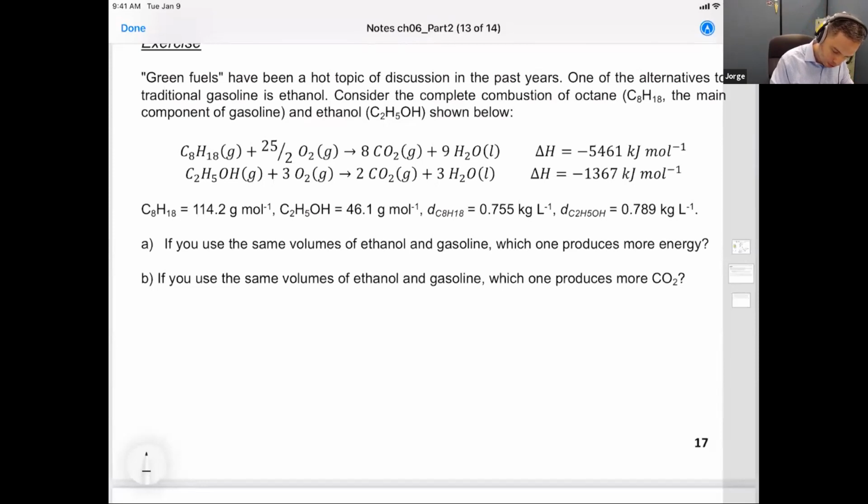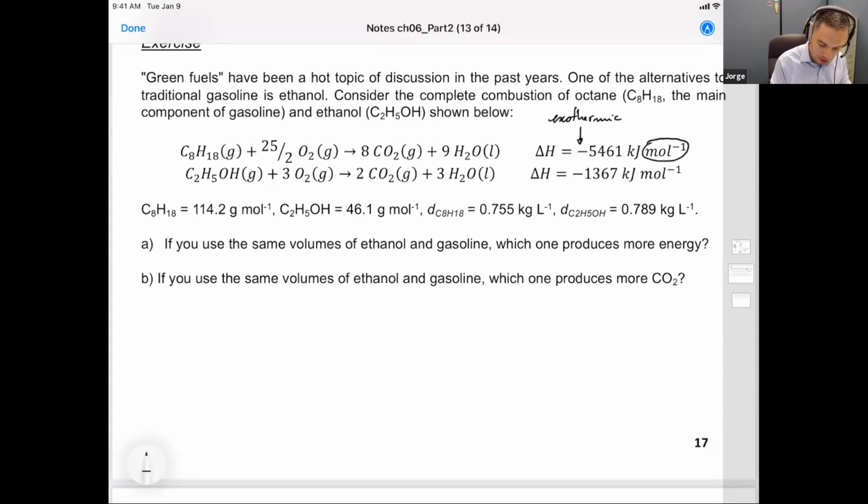Both of them have delta H negative, so that means both reactions are exothermic, as it should be for a combustion. The unit here being used is kilojoules per mole.